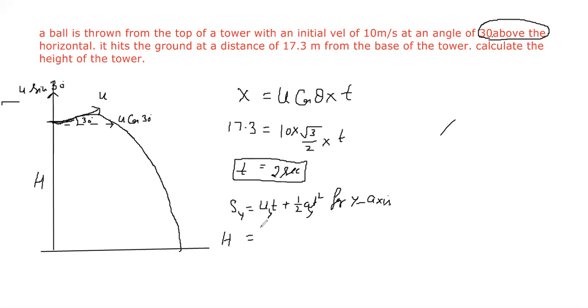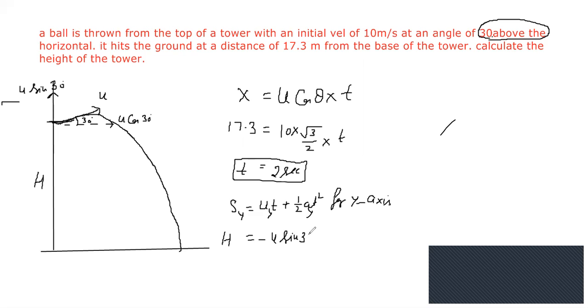Sy is capital H, uy is minus u sin 30 into t, t is 2 seconds, plus half, g value is 10, and time is 2. So from here we get the value of capital H: minus 10 into 1 by 2 into 2 plus 20. After solving this, we get the value of height, that is 10 meter.